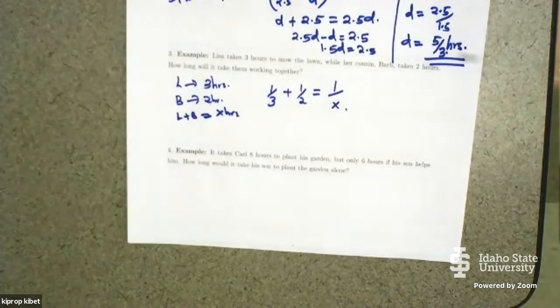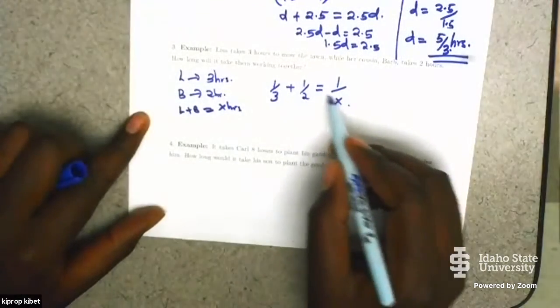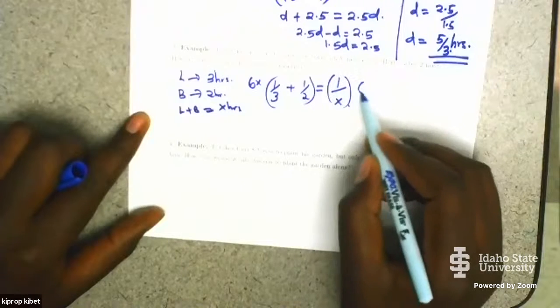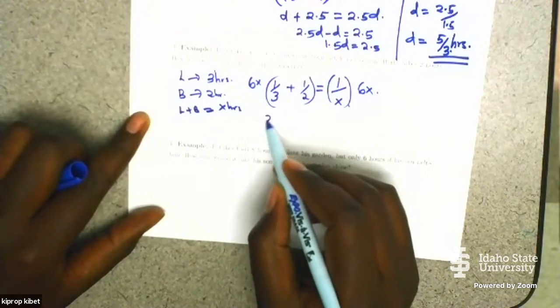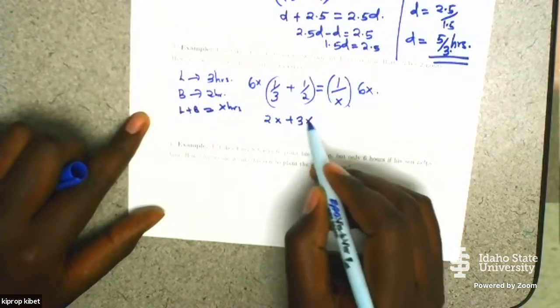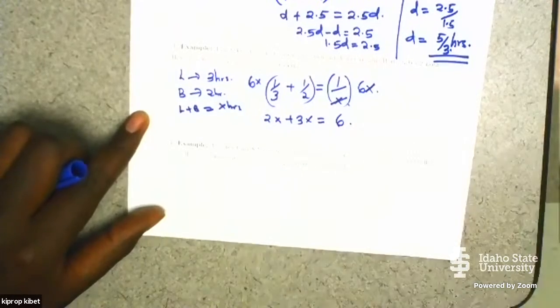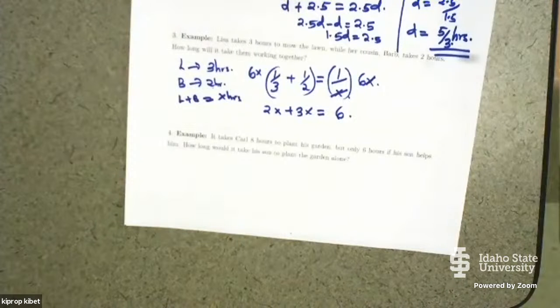So our least common multiple here is 6x. So when we multiply by 6x here, you get 2x plus 3x equals to what? Equals to 6, right?